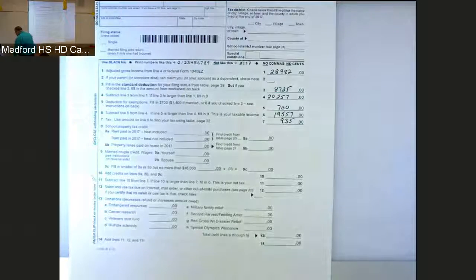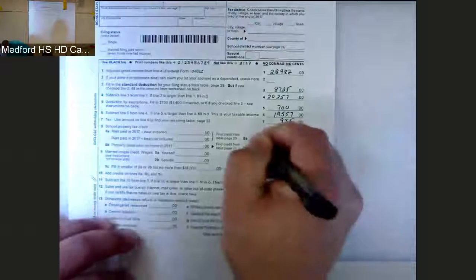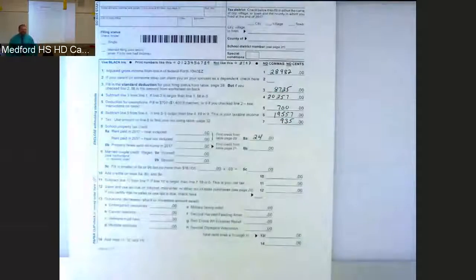So either line 8A or line 8B will be filled in. After I did this, and again, I'll give you this number, put in 24. Maybe you want to make a note, I will give you that, so that you know that I'm going to give you that number. It'll be there.